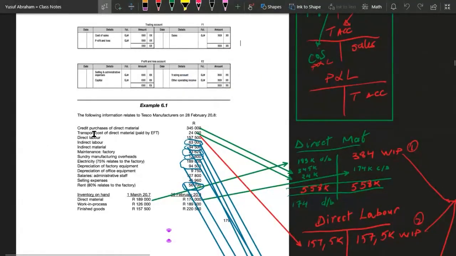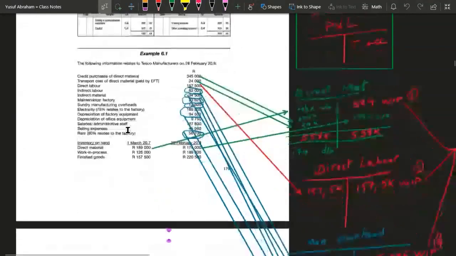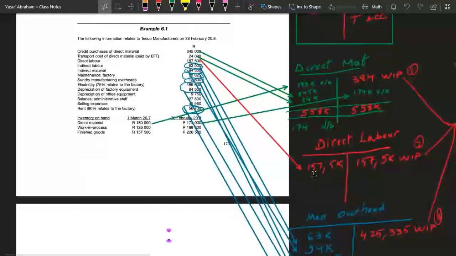Here we have credit purchases of direct material. We're buying things on credit, right? That is going to go where? To your direct material on your left-hand side. Transport costs. I told you, you need to add the transport cost, right? 24,000, you add the transport cost. Direct labor will go where? To the direct labor account.